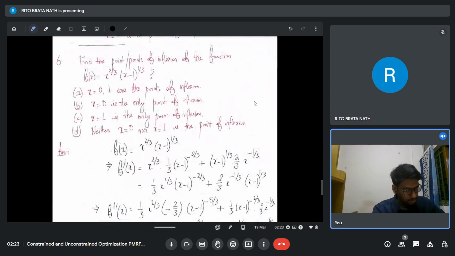That's the closest to the solution that I can think of, but again it might happen that neither x equals 0 nor x equals 1 is the point of inflection, right?